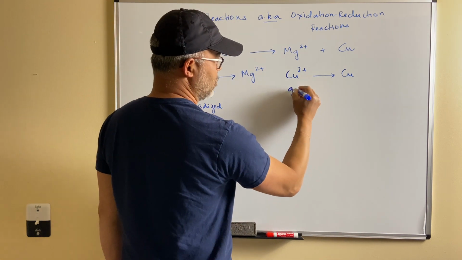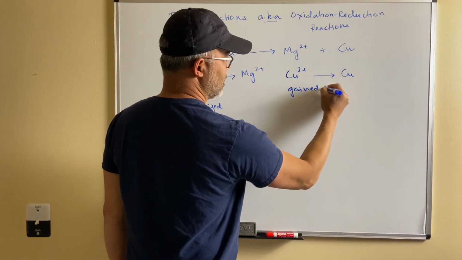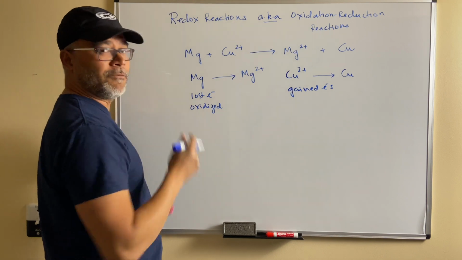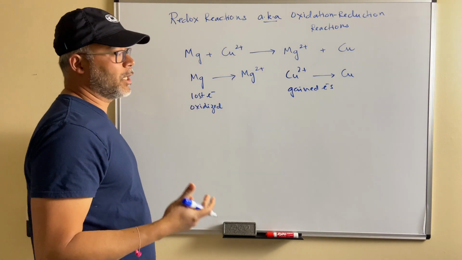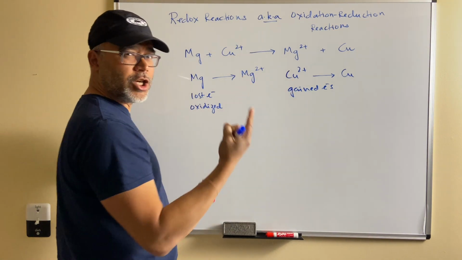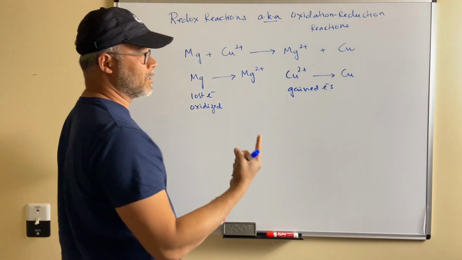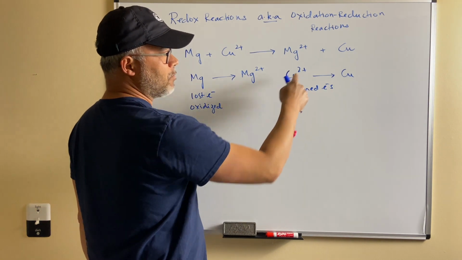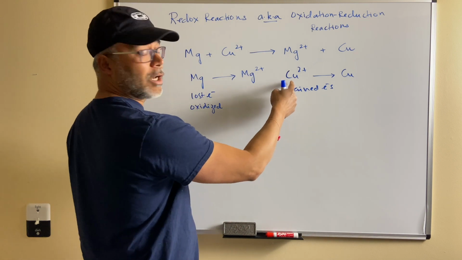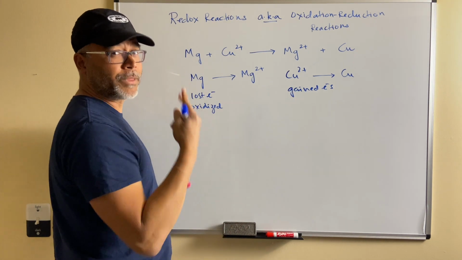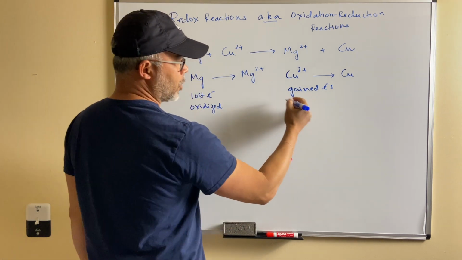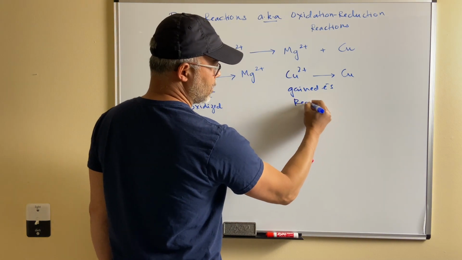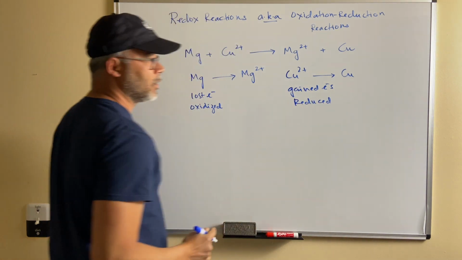For each positive charge, it should gain one electron to neutralize it. Therefore, in total, copper 2+ should have gained 2 electrons. So since it gained electrons, copper 2+ is reduced.